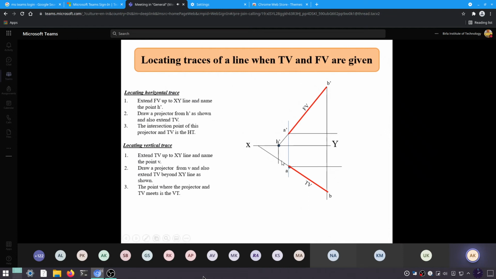The meeting of this top view and the line drawn perpendicular to xy from point h will give you capital H. And this point will give you small v. And you draw a line perpendicular to the xy line from v and extend your front view further to obtain capital V.